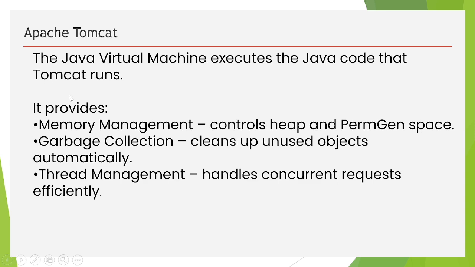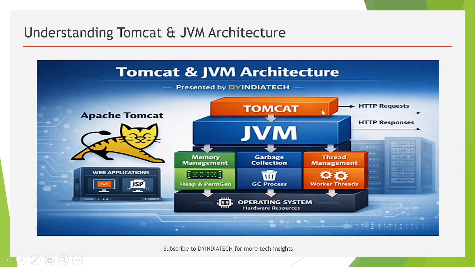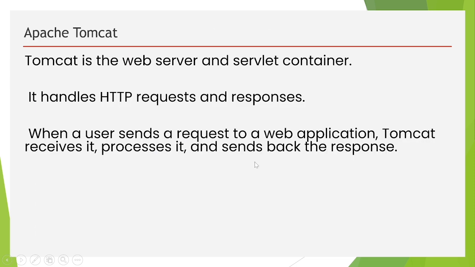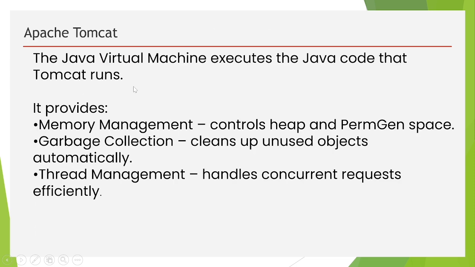Next is the JVM. The JVM, the Java Virtual Machine, executes the Java code that Tomcat runs. It provides memory management, which controls the heap and PermGen space. Garbage collection cleans up unused objects automatically.